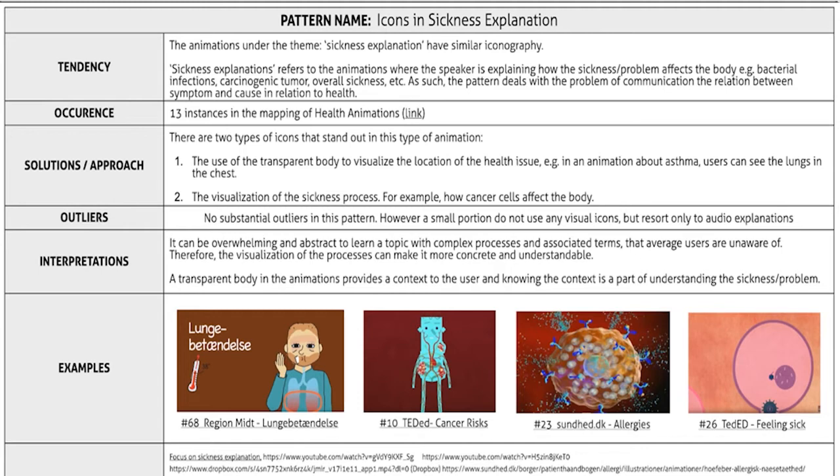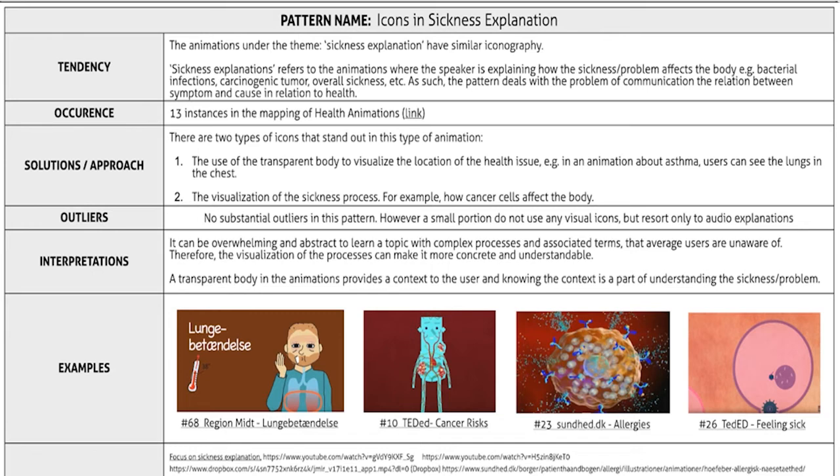So the solution is that when you have an animation that is about sickness explanation, you use these 2 icons: the use of the transparent body and the visualization of the sickness process. And under the category of outliers, we see that in this pattern there are 3 outliers, which means that these 3 animations only use one of the icons, which is the use of the transparent body.